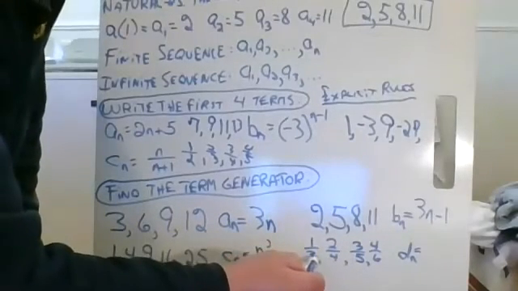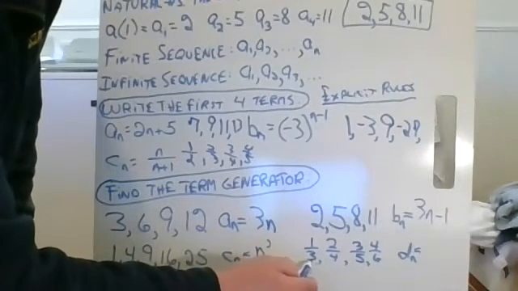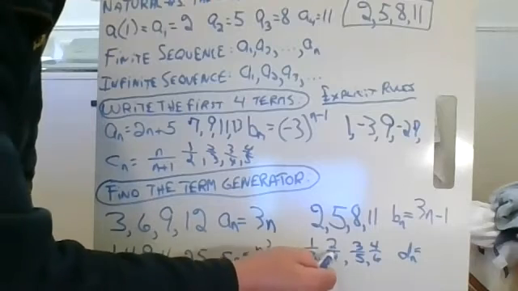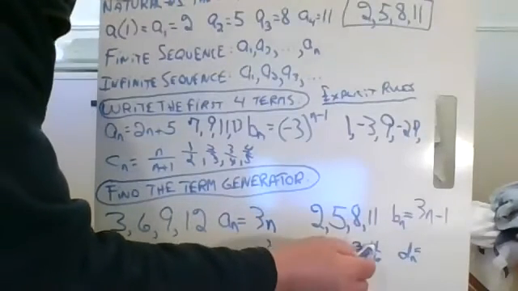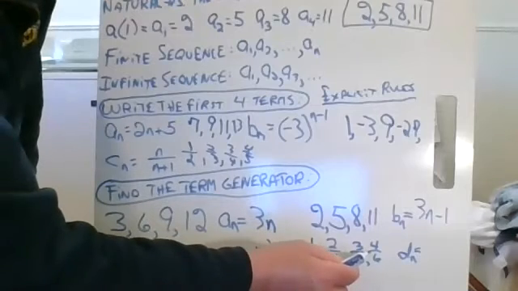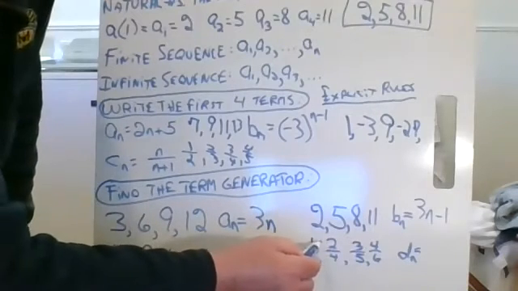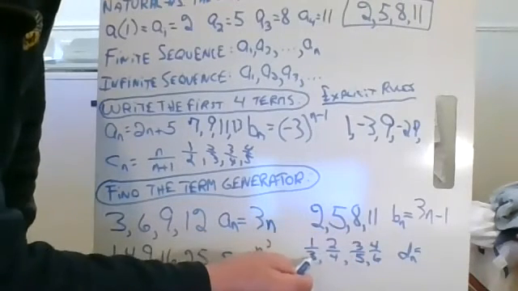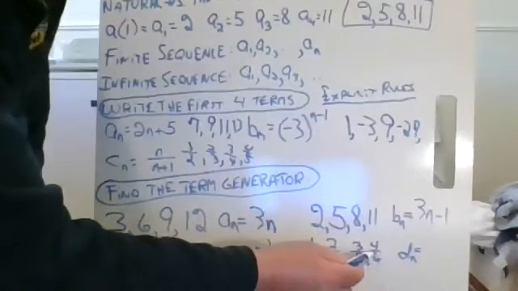Now look at this one for D sub n here. 1/3, 2/4, 3/5, 4/6. Now when you have fractions, look at your numerator and then look at your denominator.